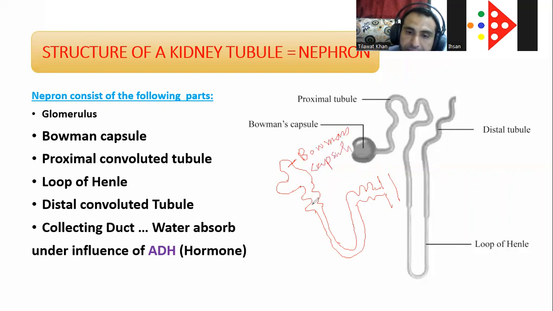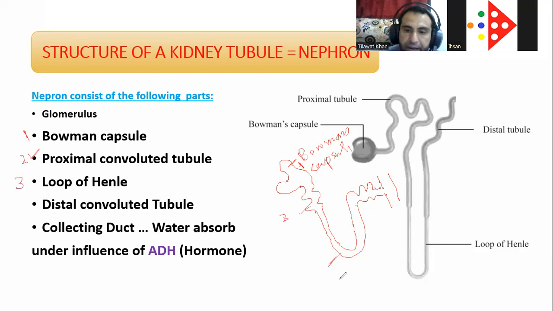This first part is proximal convoluted tubule, right? Let me write it here. This Bowman capsule is 1, 2 is proximal convoluted tubule, and 3 is the U-shaped structure called loop of Henle.